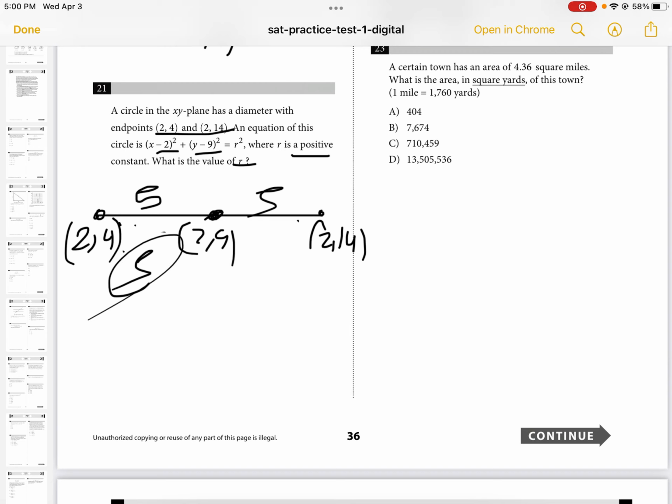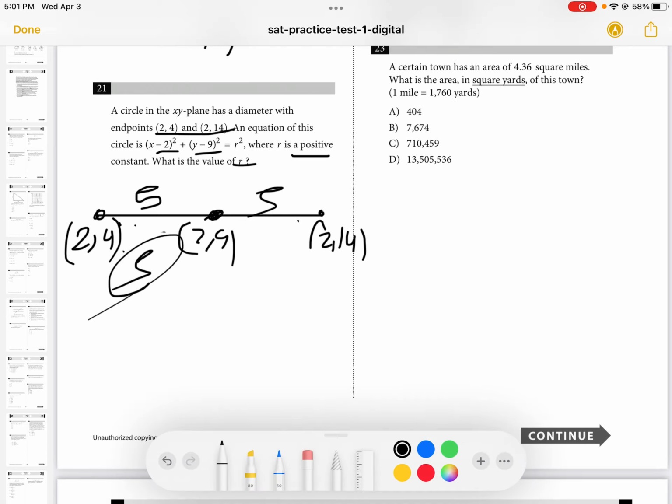A certain town has an area of 4.36 square miles. What is the area in square yards of this town? And we get that 1 mile is equal to 1,760 yards. So let's draw out 1 square mile.